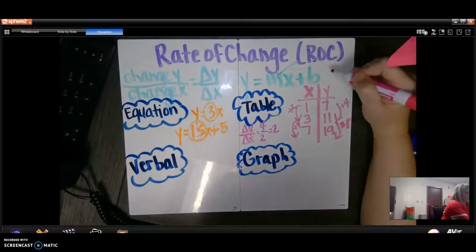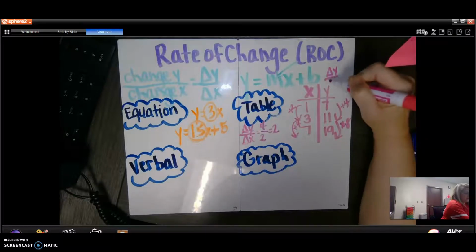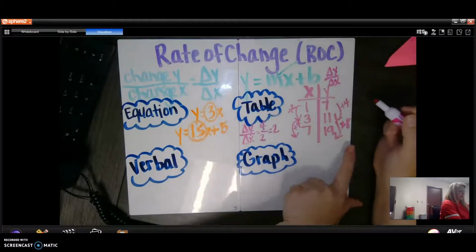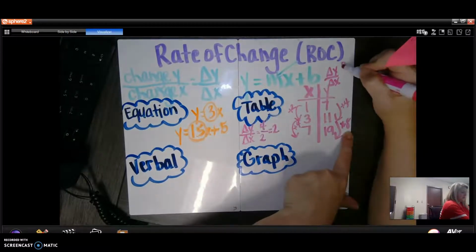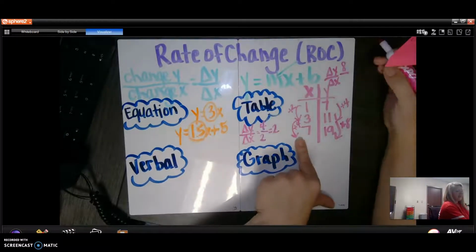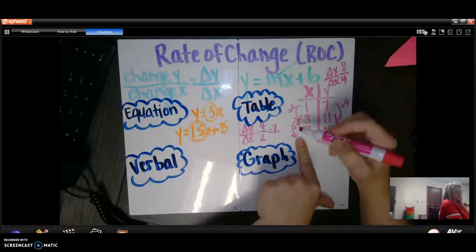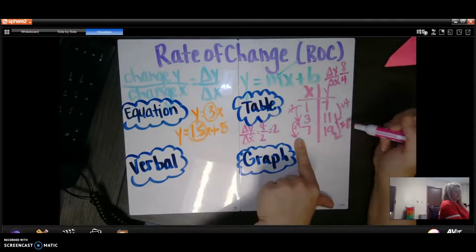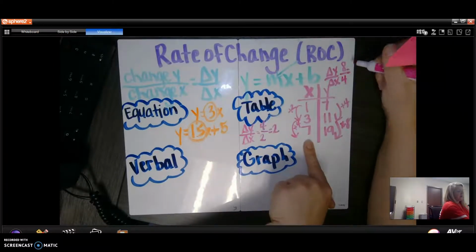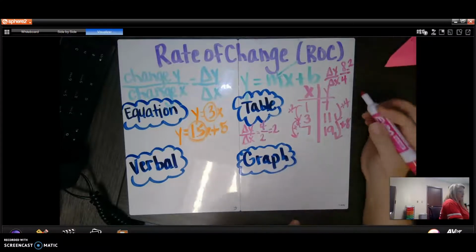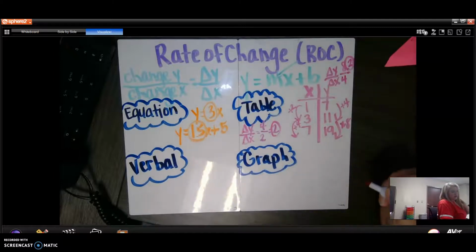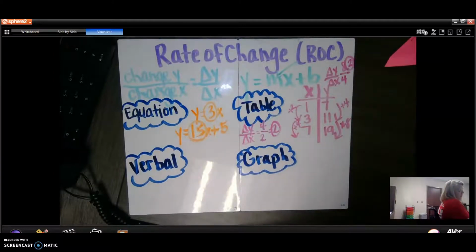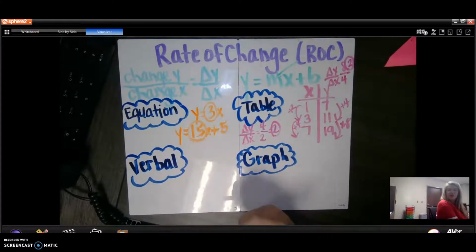So over here, we have a change in y over a change in x. So my change in my y value is 8, and my change in my x value is 4. Right here from 3 to 7 is 4, okay? And 8 divided by 4 is 2. So for both of those, our rate of change would be 2.